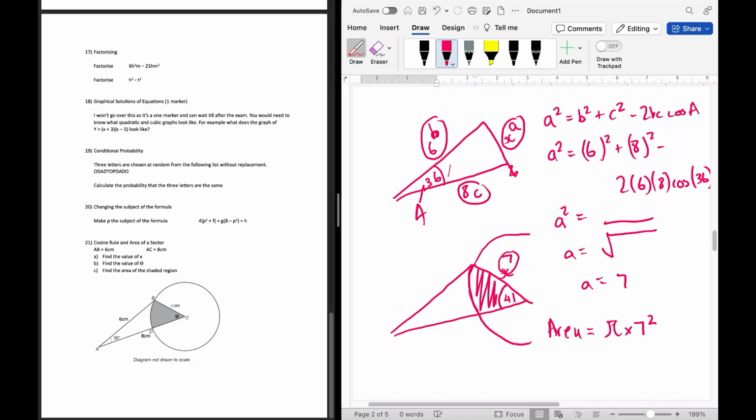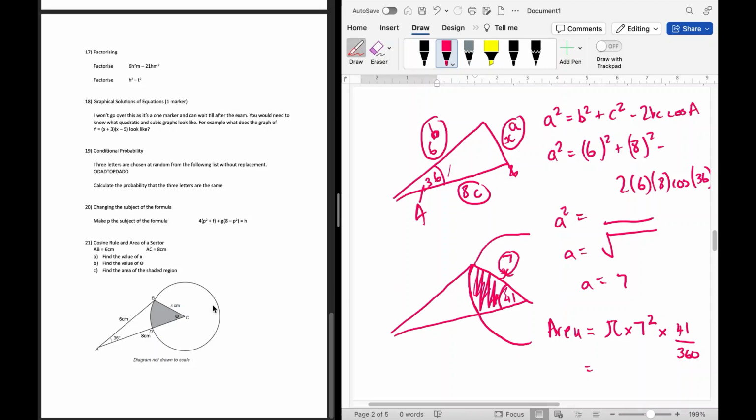X is 7, and that is the radius. Okay, that will tell me the area of the whole circle, but if I just want this little pizza slice, I want the fraction 41 out of 360. So that's the area of that little sector. So pi r squared times 41, because that's the angle there, over 360.